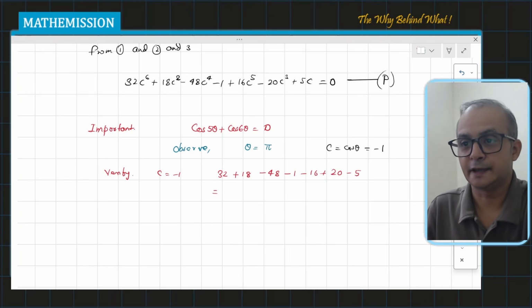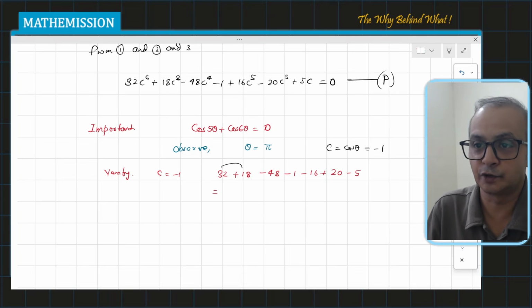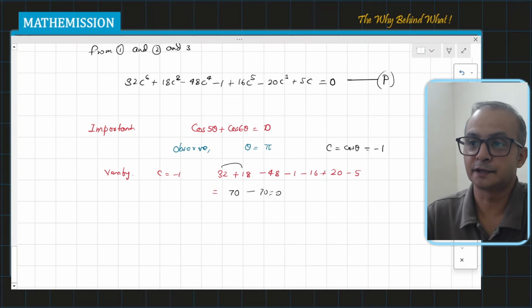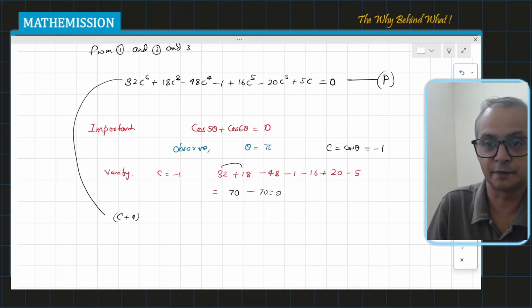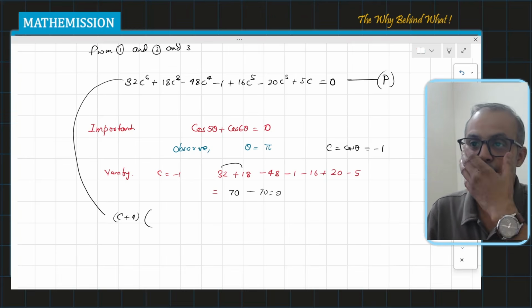So what we are getting is these two terms going to be 50 and 20, 70, and here minus 48 minus 1 minus 49 and minus 16 minus 65, minus 70, so 0. It means c equal to minus 1 is a solution, so c plus 1 must be a factor of the polynomial.